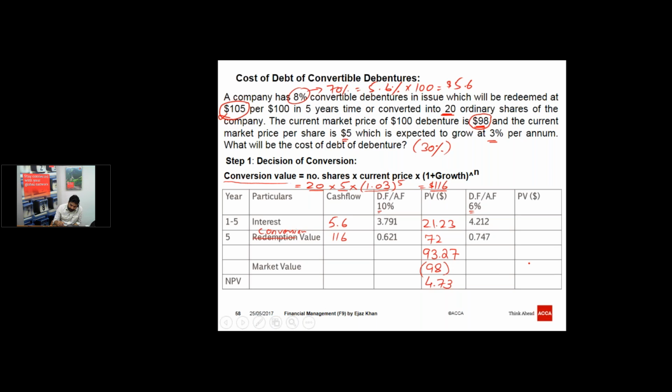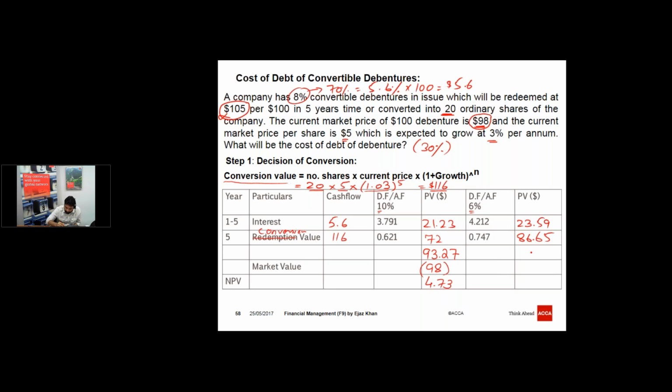Okay, let's calculate the same values at 6%. So 5.6 into 4.212. 23.59. $116 multiplied by 0.747. 86.65 plus 23.59.